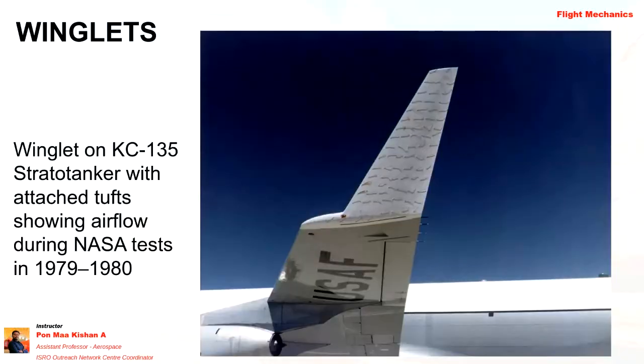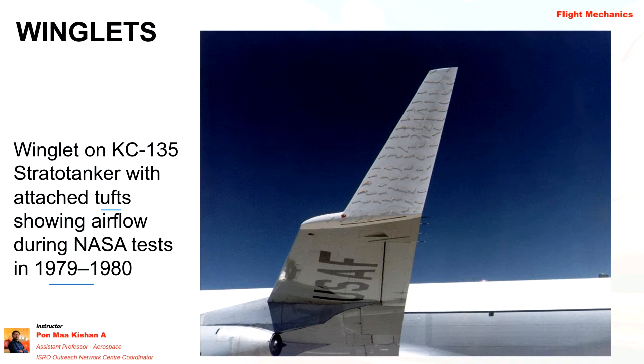The image which I have shown here is from NASA testing in 1979 to 1980. They used tufts, which are nothing but the placement of a string or cloth-like structure on the winglet to study the flow pattern.